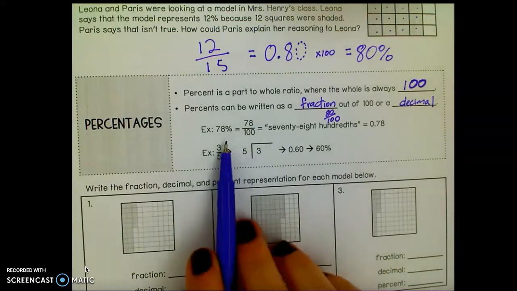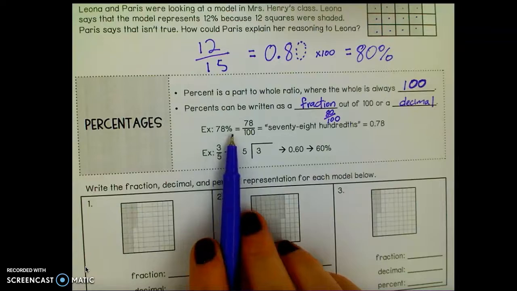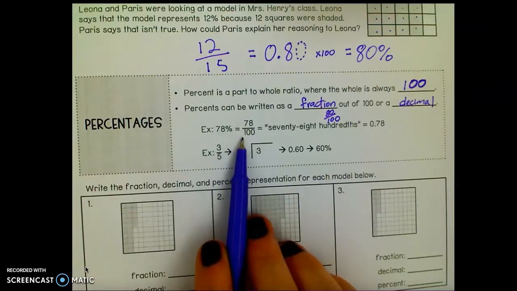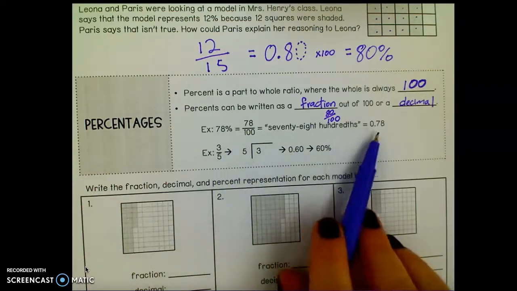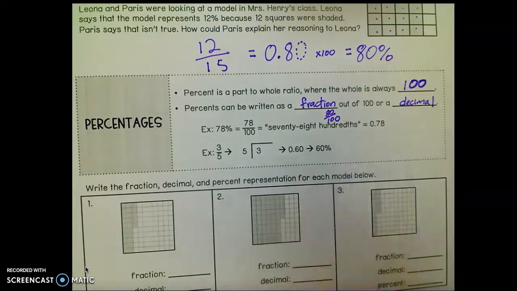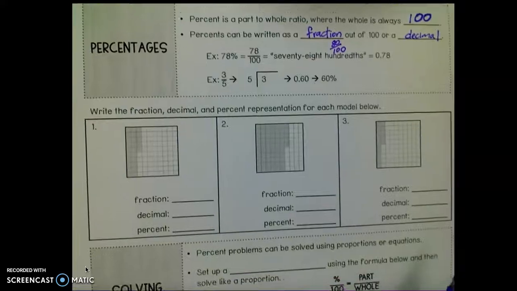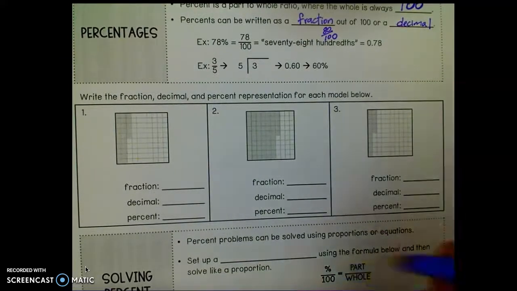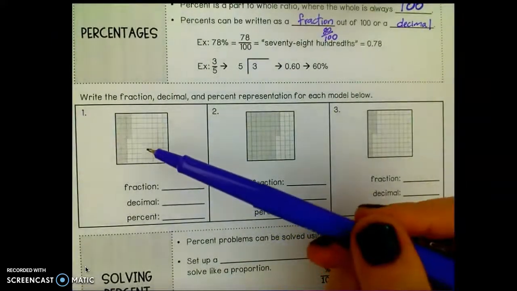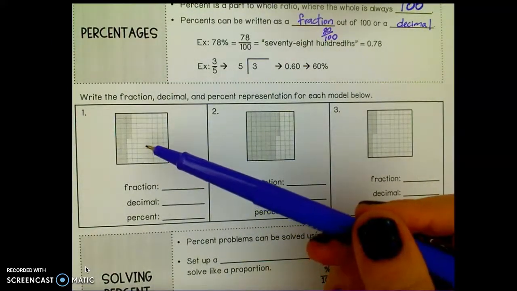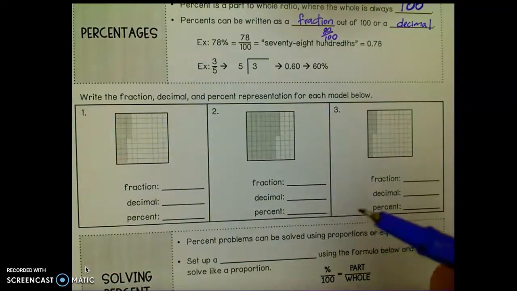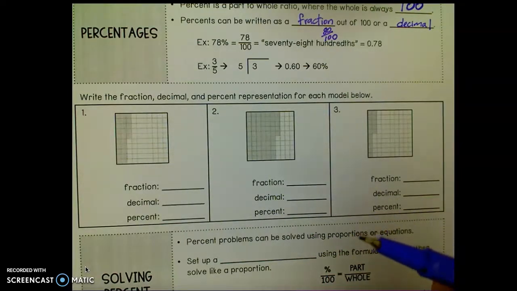Okay? We have another example right here with 78%, which as a fraction would be over 100, and it could also be a decimal. They're all the same thing. Excellent. So let's look at this example down here. We have some shaded in boxes, and I want to know the percentage or fraction or decimal of the shaded in area.